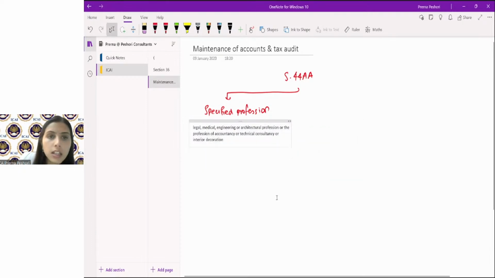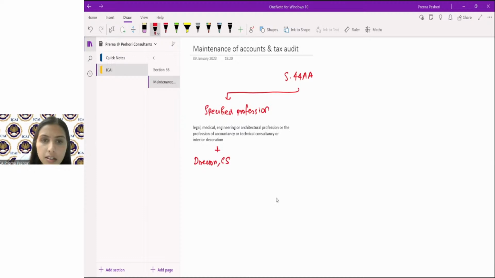And then you can write it over here: plus directors, CS (company secretary), then film artist, IT professionals. What is the criteria for them?